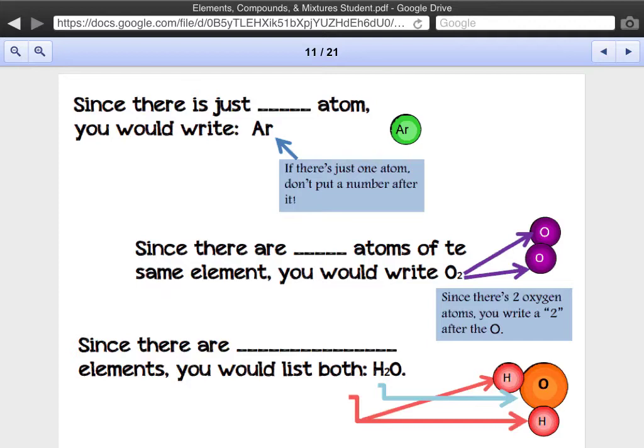You can remember that because a subscript, sub is like subway or submarine, is under. In H2O, since there are different elements, you would list both of them, and after the H, you would put a little 2 because you see here there are two atoms of the hydrogen element.